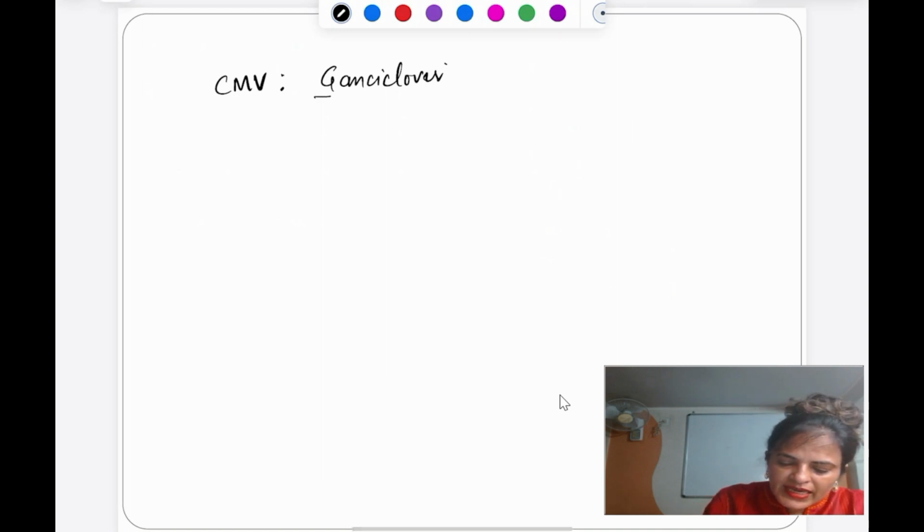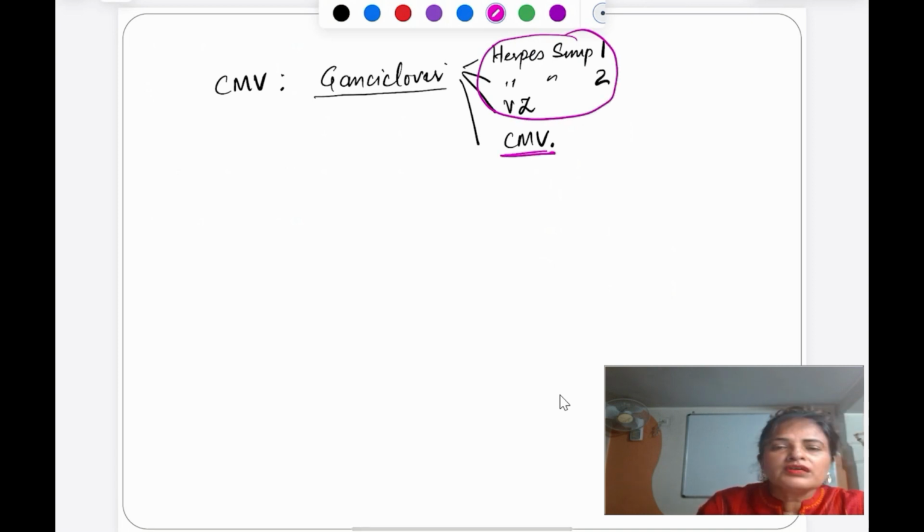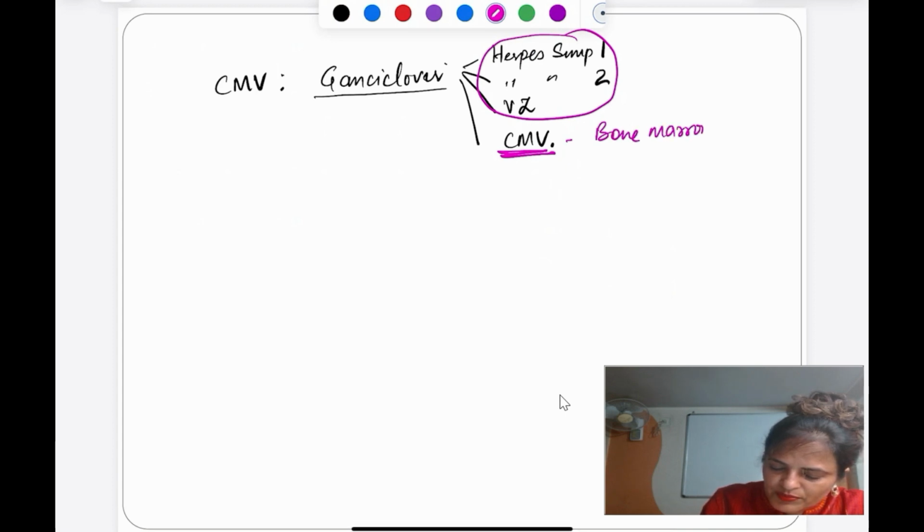So ganciclovir is effective against all the herpes: herpes simplex 1, 2, varicella zoster, and even cytomegalovirus. But it is too toxic to be used for these other indications, so we are using it for cytomegalovirus. And what is the most important toxicity of this? It is bone marrow suppression.